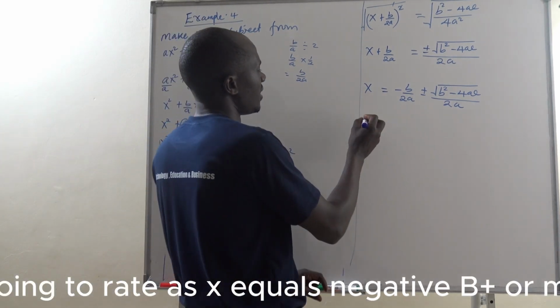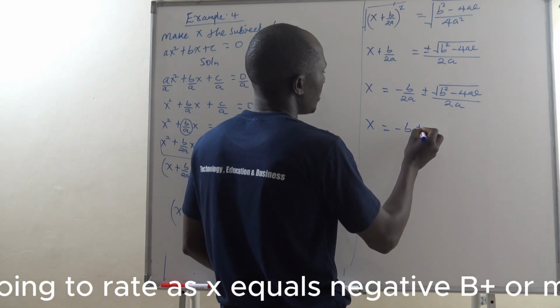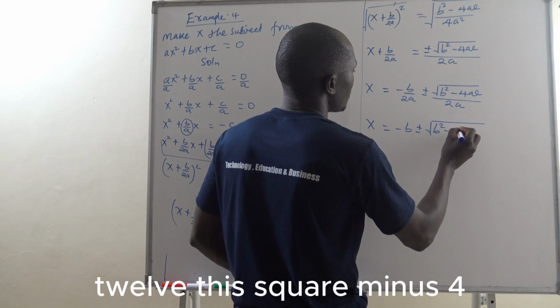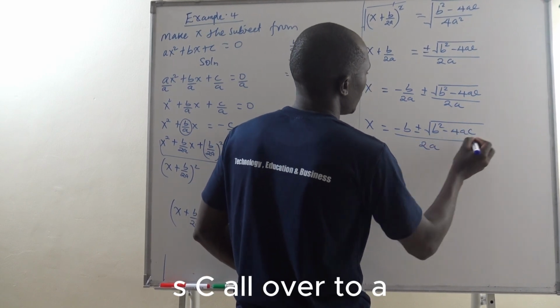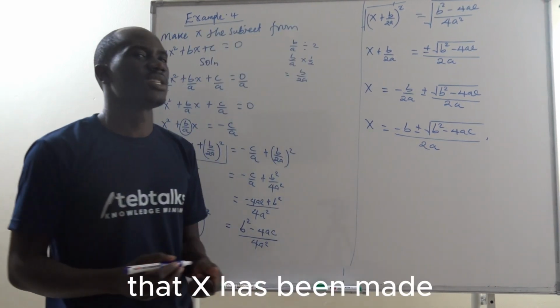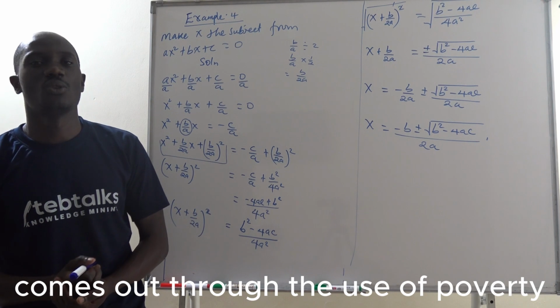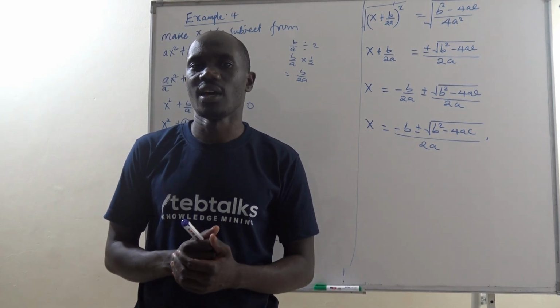We are going to write x equals negative b plus or minus root of b squared minus 4ac all over 2a. That's what you can say: x has been made the subject, and it comes out through the use of completing the square. So that's what you can say about the completing square method.